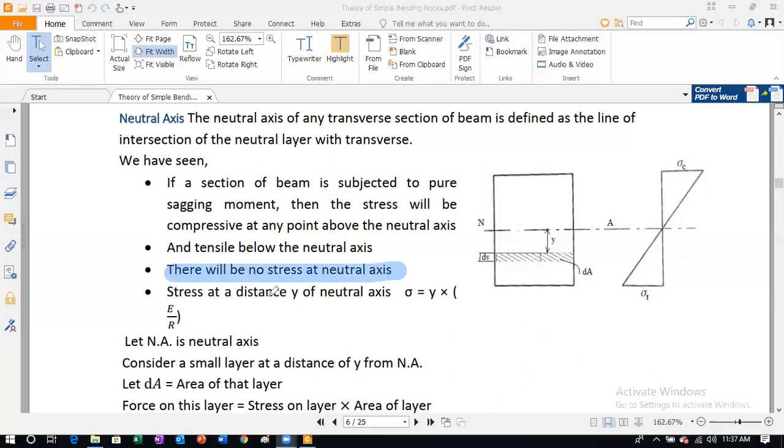Stress at a distance y from the neutral axis, sigma is equal to y multiplied by E upon R, that we have derived from the above derivation.